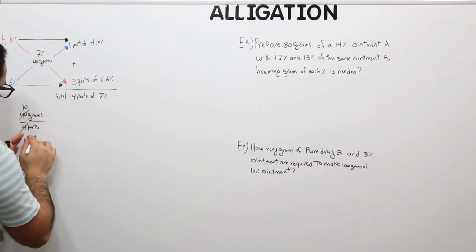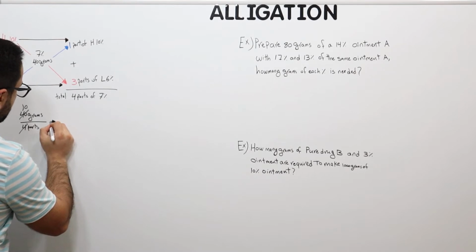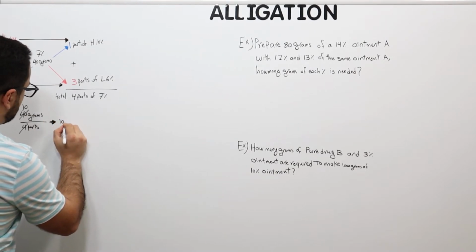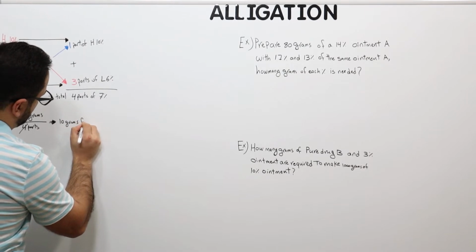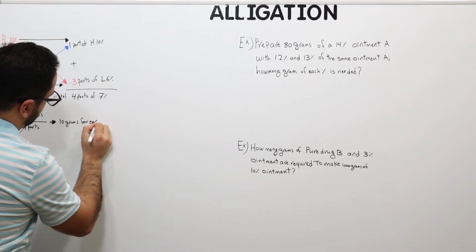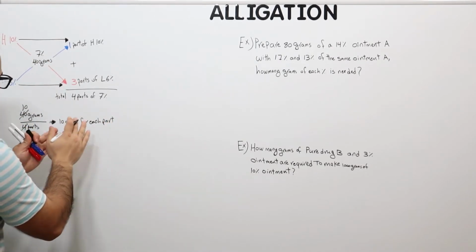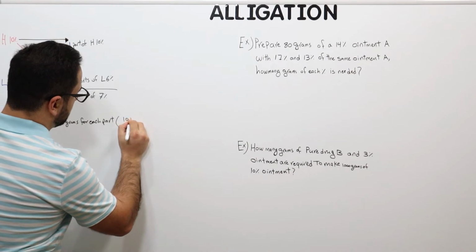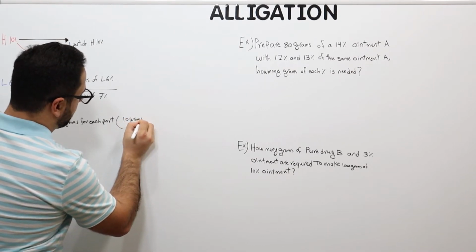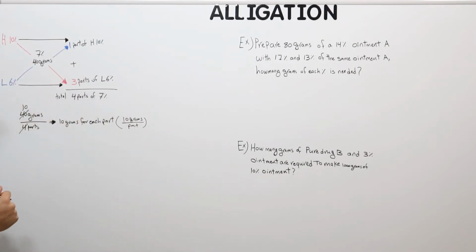There are 10 grams for each part, so 10 grams per part. That's what this means.